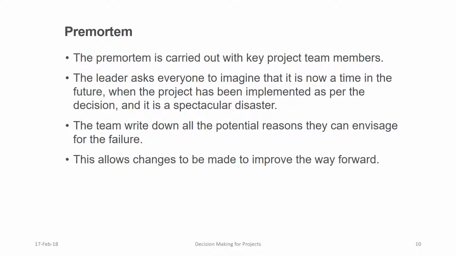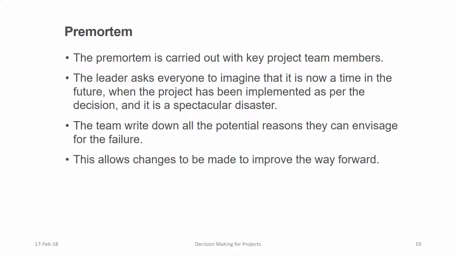The pre-mortem takes place after an important decision has been made, but before it has been formally committed. Key members of the project team are gathered together. The leader says that it is very important that we identify any potential weaknesses of the proposed decision before committing to it, so that we can assess whether the risks are acceptable or whether any changes or corrective actions are required.